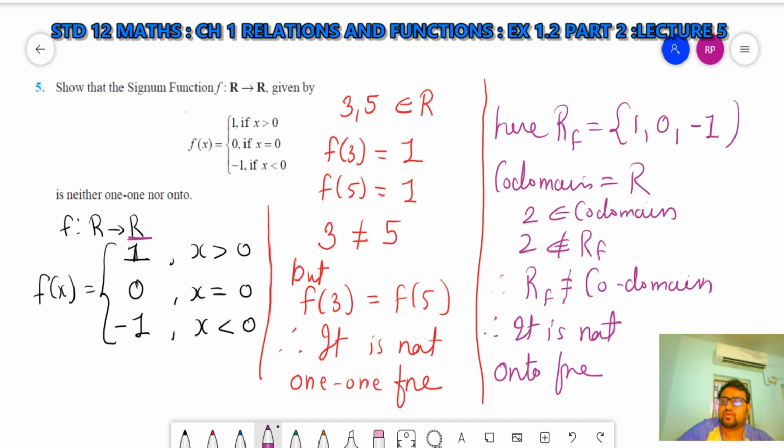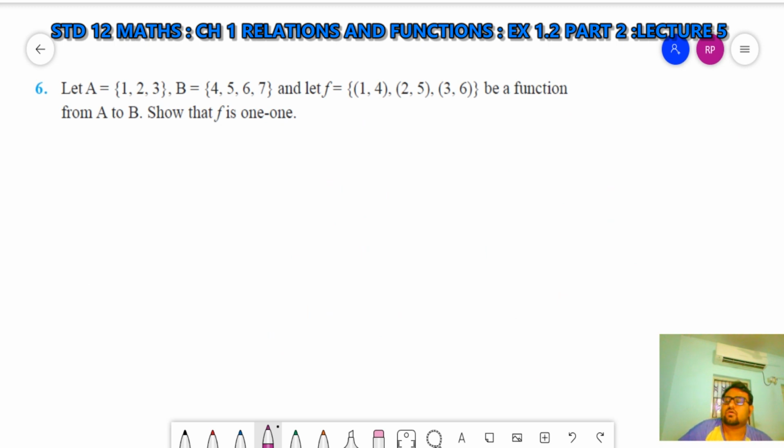Now let's move to the next question, that is question number 6. Let A equal to {1, 2, 3} and B equal to {4, 5, 6, 7}.